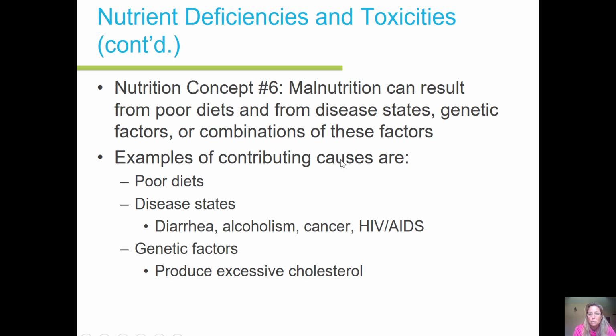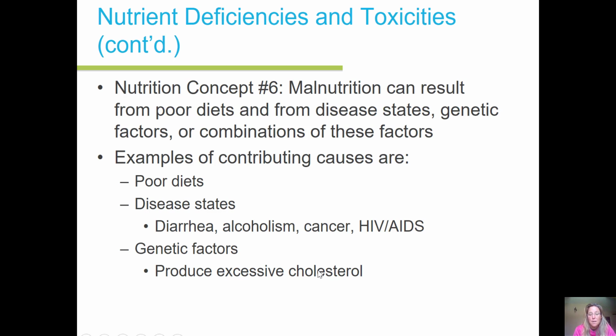Concept 6, malnutrition can result from poor diets. So for example, when we have things like a poor diet, we have different disease states like diarrhea, alcoholism, cancer, HIV, AIDS, and genetic factors, things that can produce excessive amounts of cholesterol.